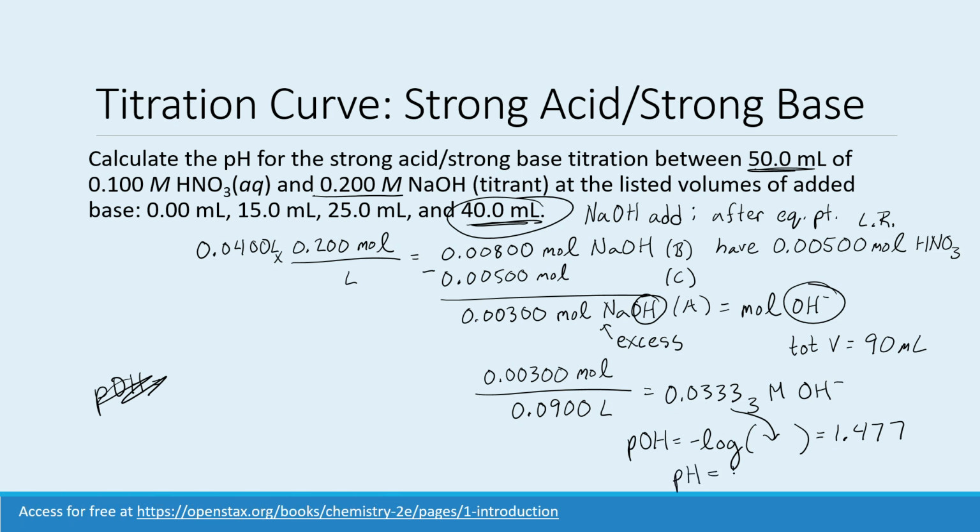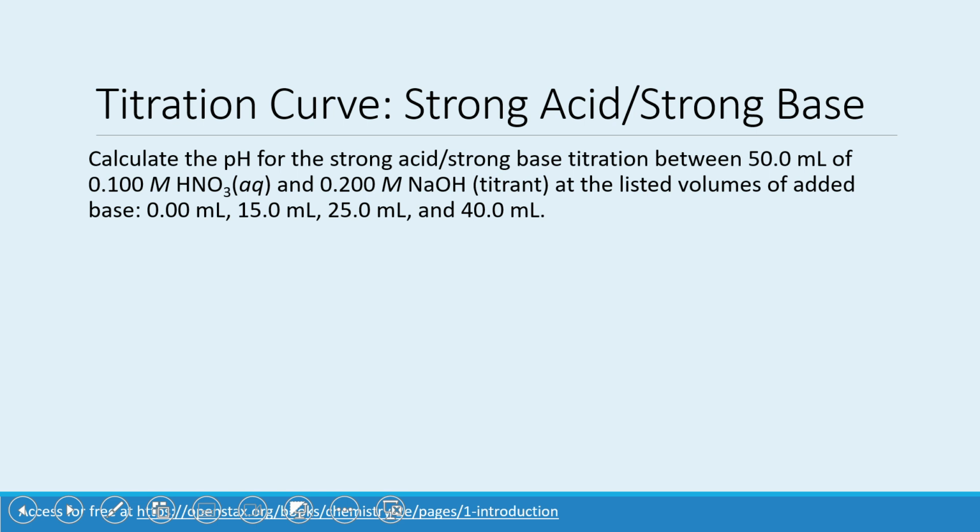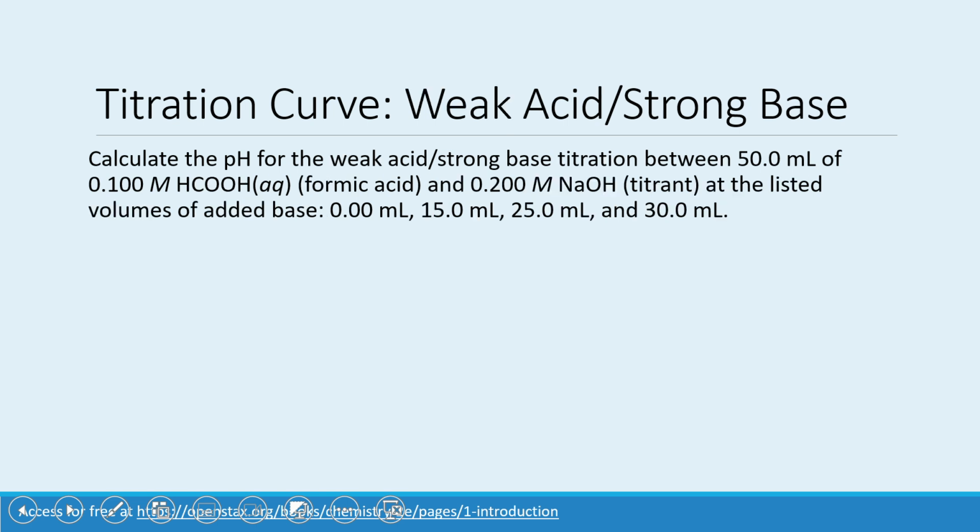And then of course, last step, because they want the pH, pH is equal to 14 minus that 1.477, and gives you a final pH of 12.523. I'll just write here in case we can't see it. pH equals 12.523. Of course, with strong base added, your pH is going to go drastically up compared to the neutral 7.